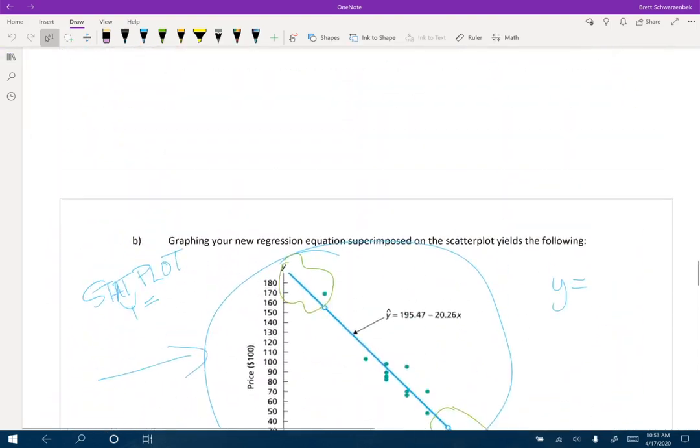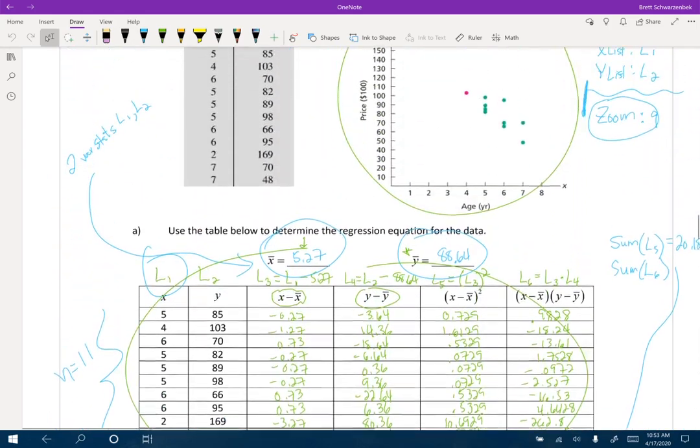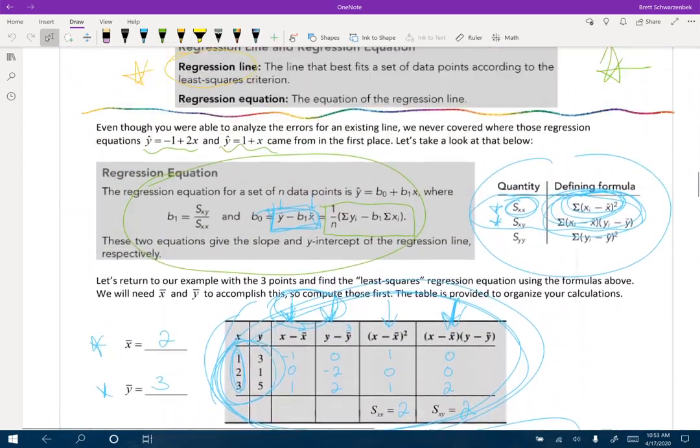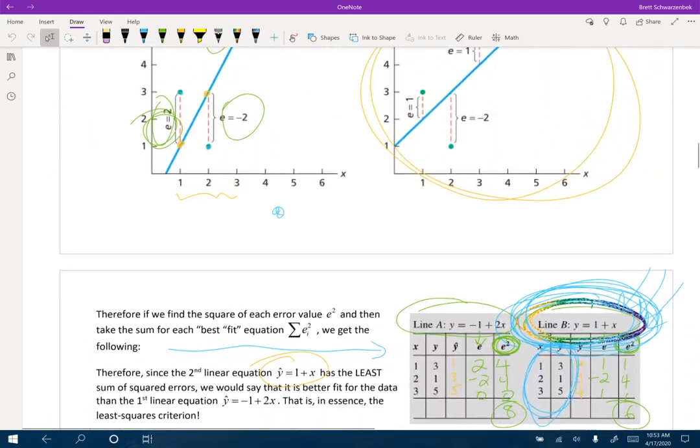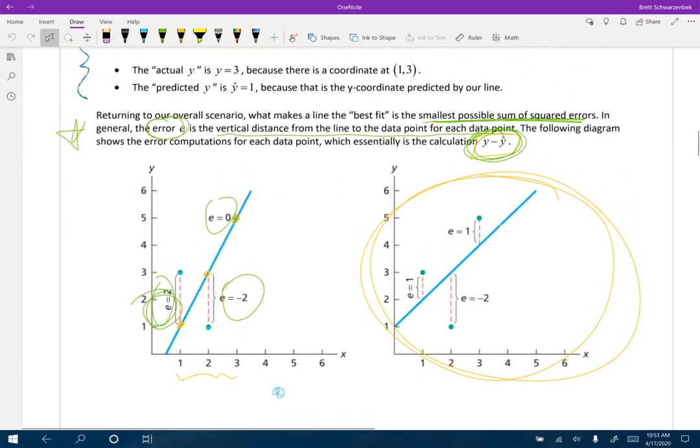We talked about trying to find the E. So if you recall, here it is. We talked about how E was always the difference between the actual Y value and the predicted Y value. So E was equal to Y minus Y hat.